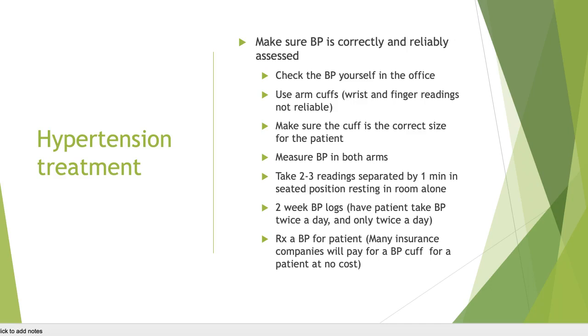I've had some patients take their blood pressures on their forearms, which is not adequate. You want to measure the blood pressure in both arms if possible, and you want to take 2 to 3 readings separated by 1 minute in a seated resting position.